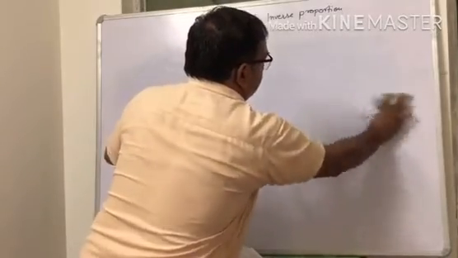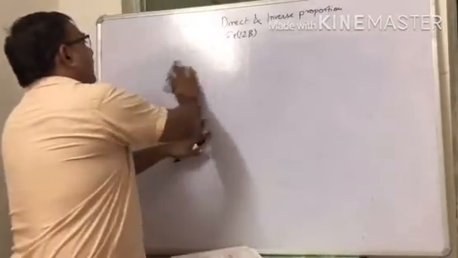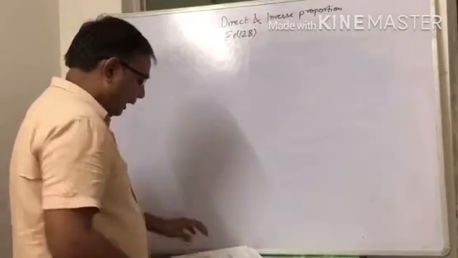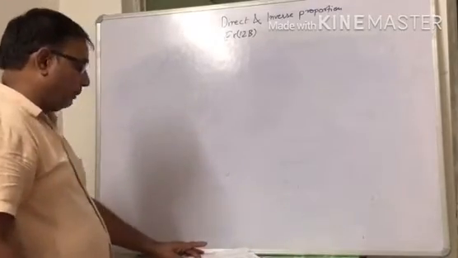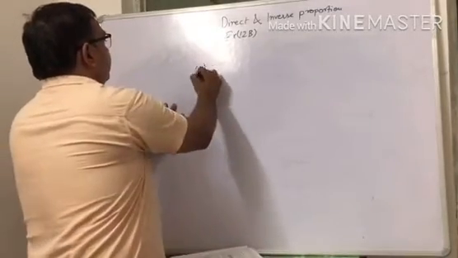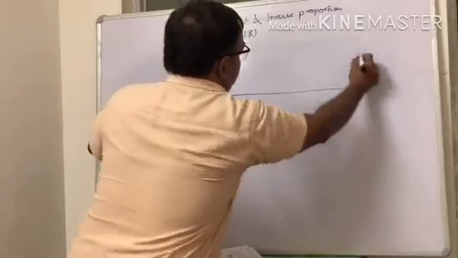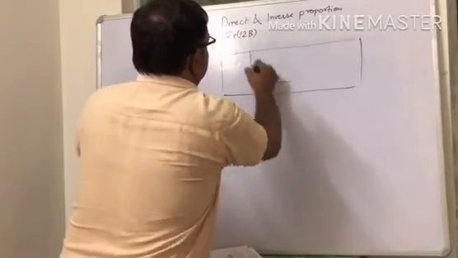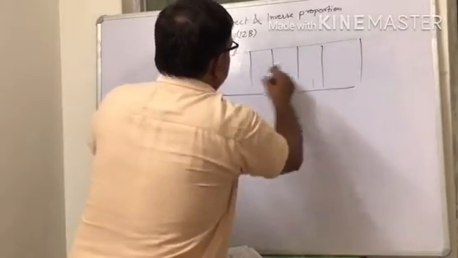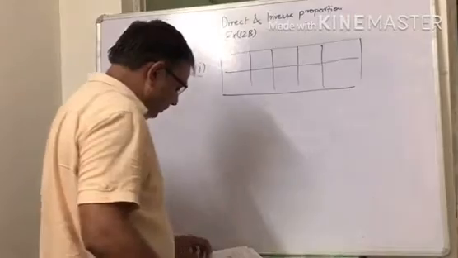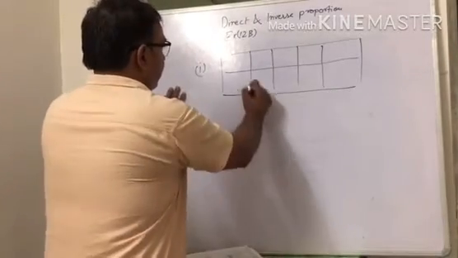Now open exercise questions. This is exercise 12b, and here again there is question number 1. First the table is here. There are four values.